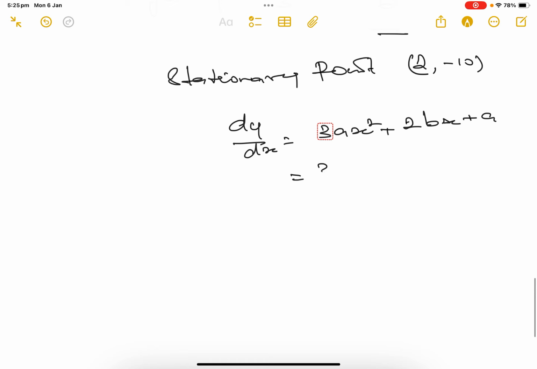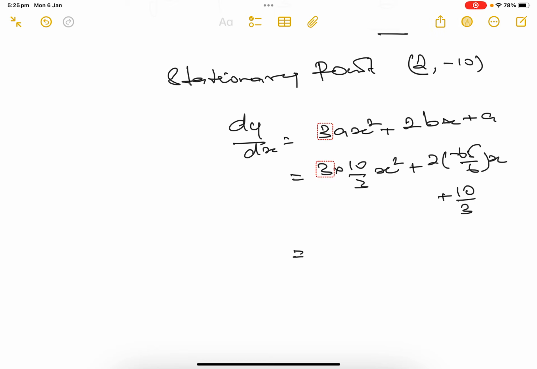We know these values, so 3 times 10 over 3 x squared plus 2 times minus 65 over 6 x plus 10 over 3.